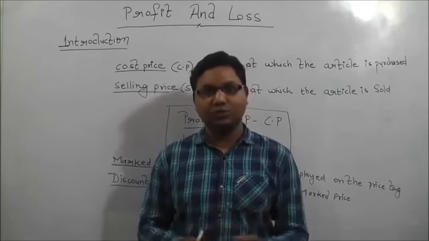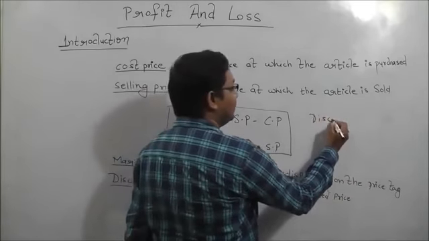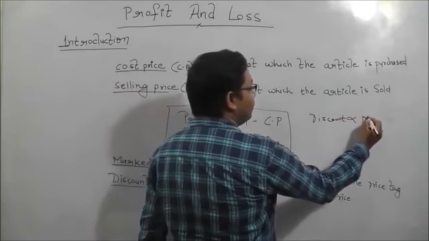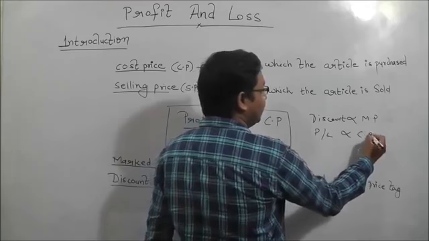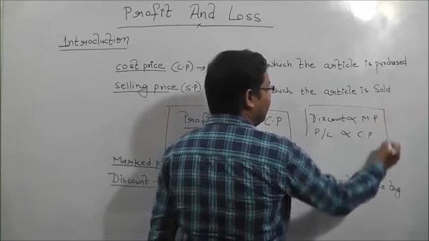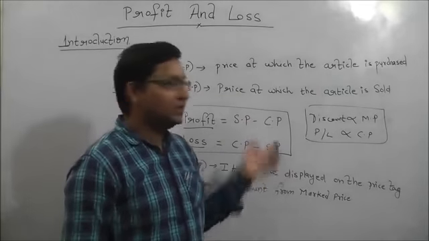Discount is directly proportional to marked price, and profit and loss is directly proportional to cost price. Note these points, and now we will solve a good number of questions so that all your concept of profit and loss will be clear.